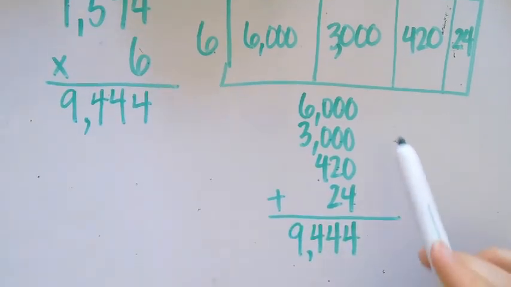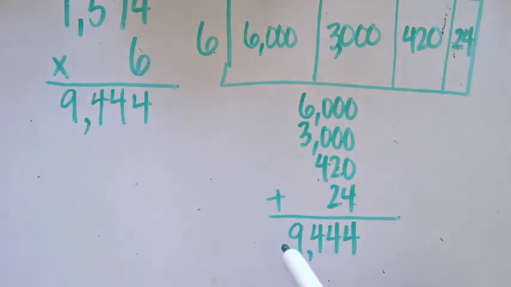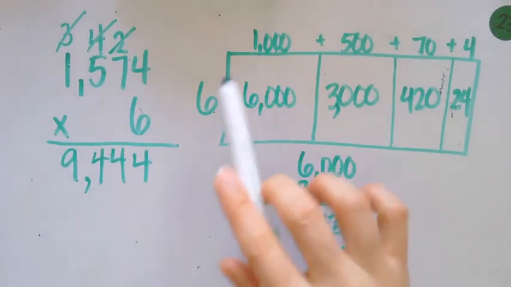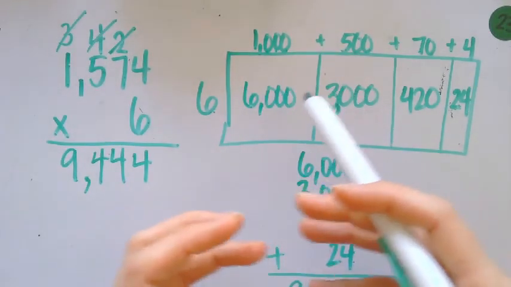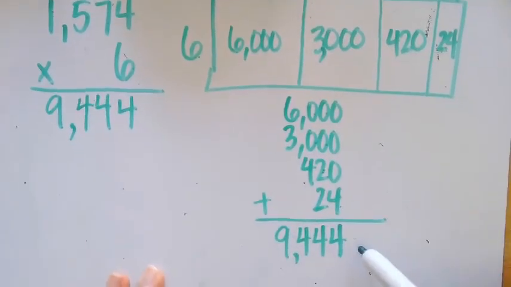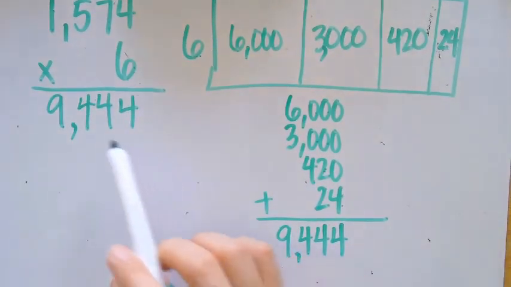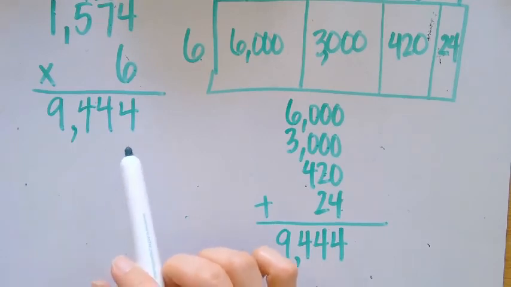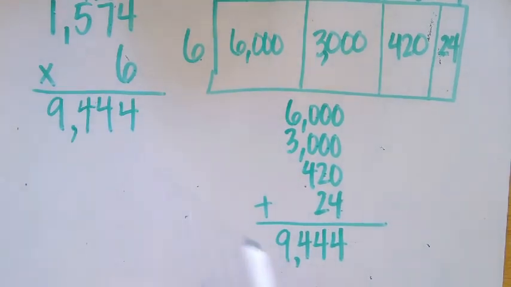All right, so this number, the total product, is now 9,444. And I know that because when I add up my partial, remember meaning a part of, partial products, I get my total product. And if I take a look, it shows that my standard algorithm problem was done correctly also, because these two numbers are the same.